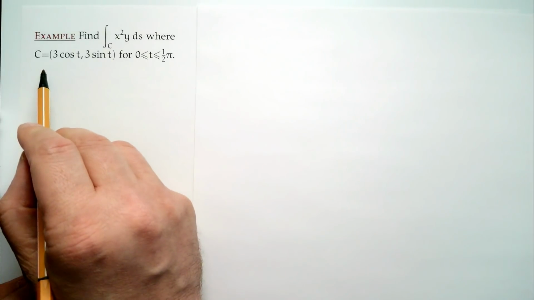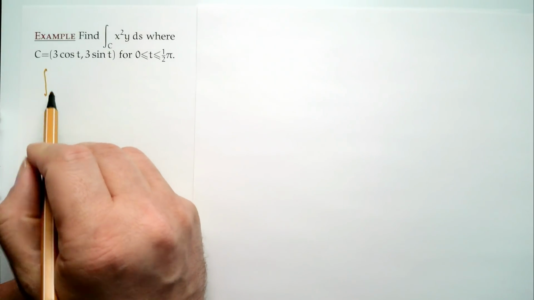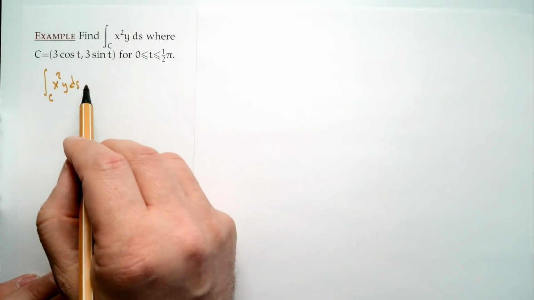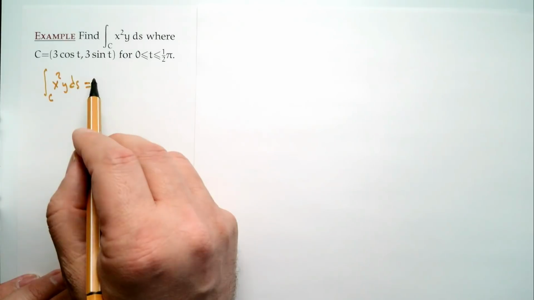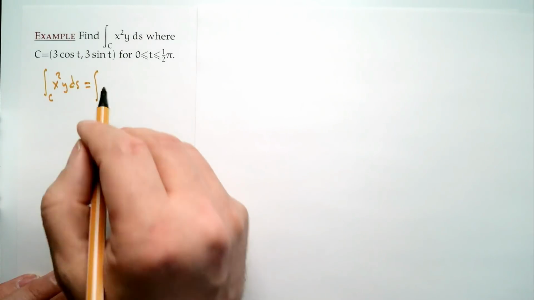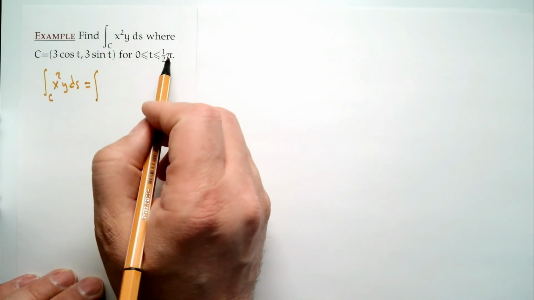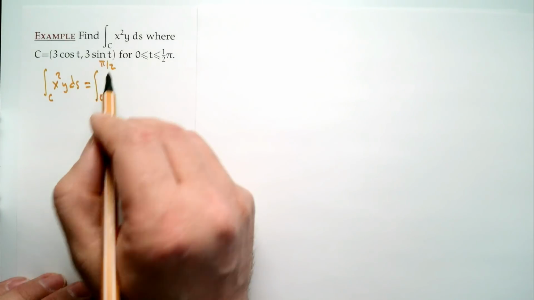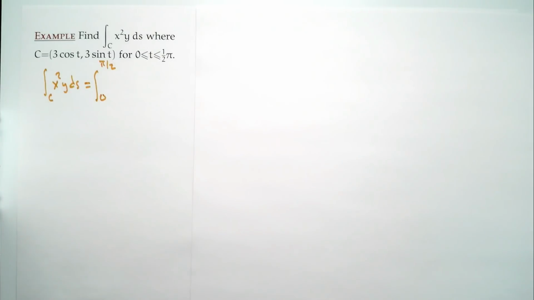So we have our integral along our curve, x squared y ds. That's going to be the integral from our a to b, so 0 to pi halves. And what's going to happen is everything's going to be rewritten in terms of t.